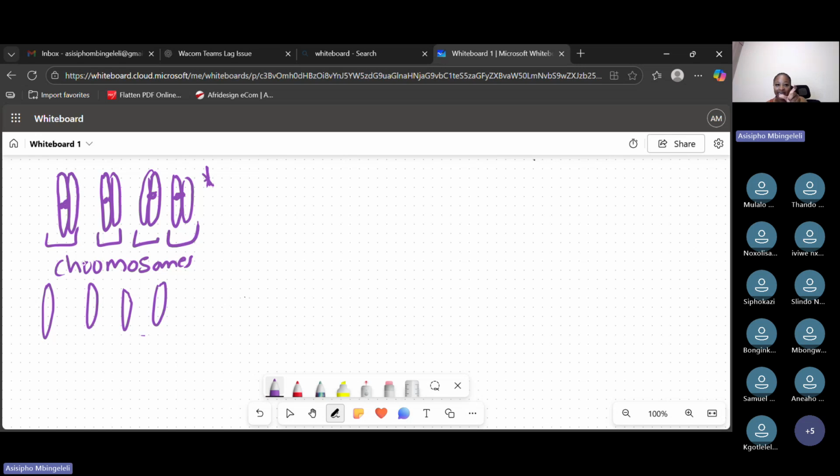And the key word there is pair. When we speak about homologous pair, this is going to be long. It's going to take forever for the pen to write it.